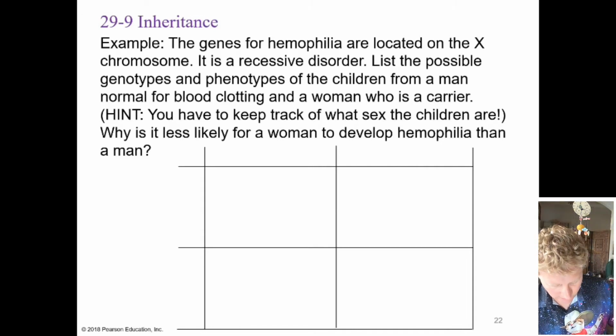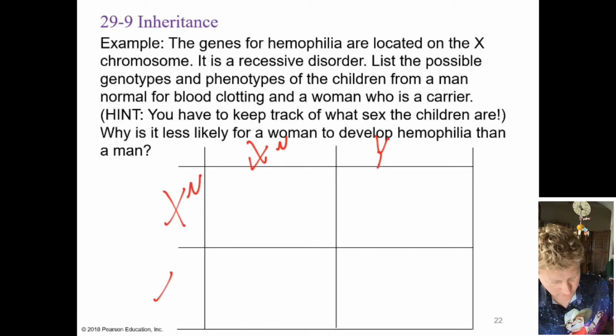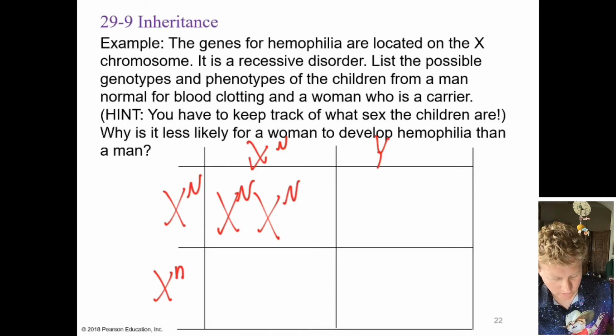So let's see. A man is normal for blood clotting, and a woman is a carrier. So a man is X big N Y. Mama is a carrier, so that means she's big N, little n. Let's figure out the offspring. All right, so we've got one daughter who is normal blood clotting, not even a carrier.